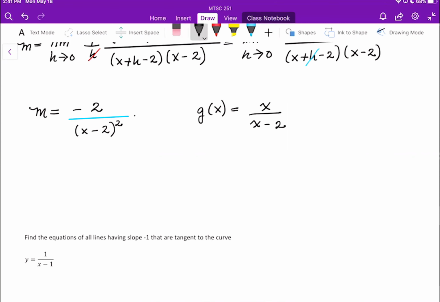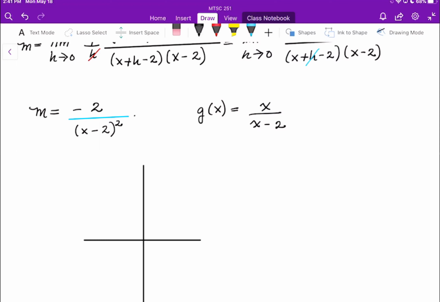So if we want to draw that, okay, we know it has an asymptote. So here's 1 and 2. It's going to have a vertical asymptote at x equal to 2, because we cannot put 2 in there. And the limit of this function actually will just go to 1 as x goes to infinity.